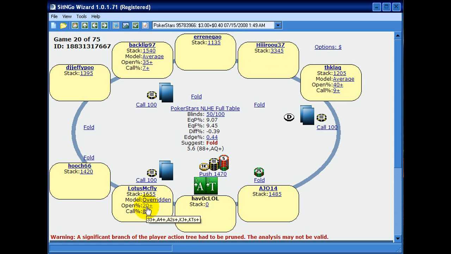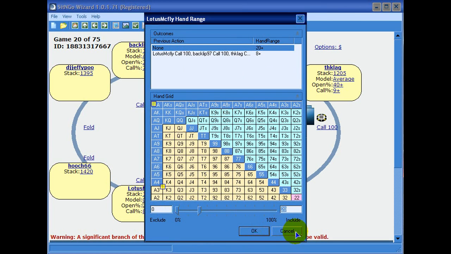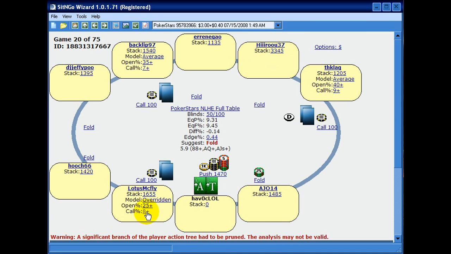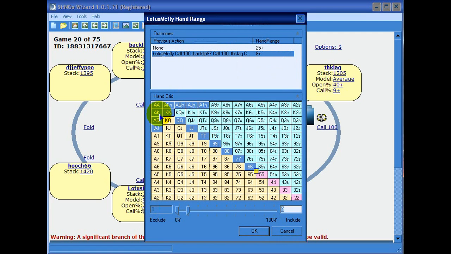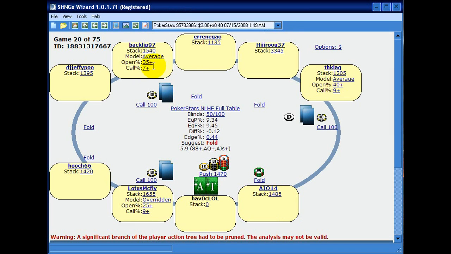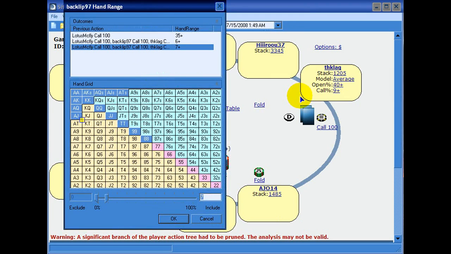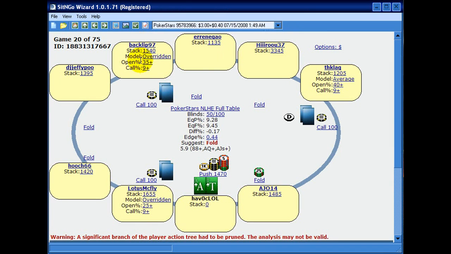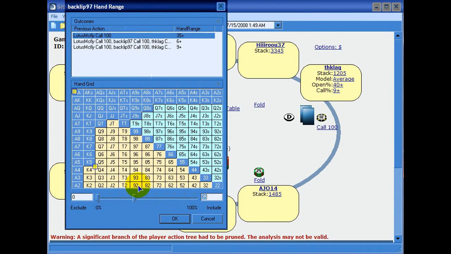In fact, I'll probably say a bit more, like 25%, and he's probably calling with these types of hands, maybe a bit more, so 9%. This is 9%, and he's limping behind with quite a few hands, except with limp behinds they usually aren't limping behind with their best hands.